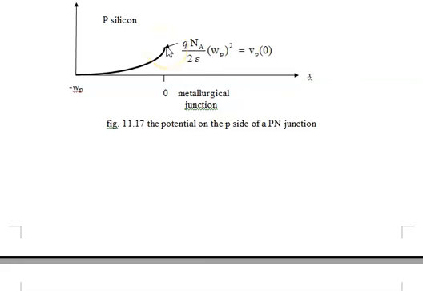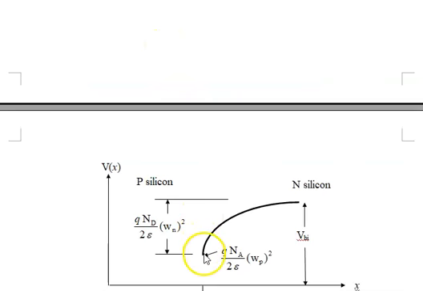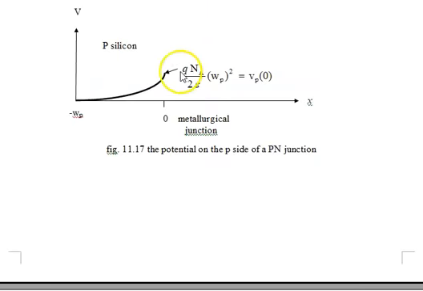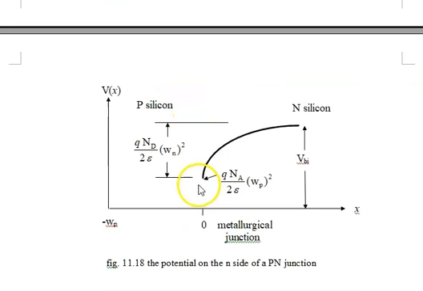That's where it starts. So this point right here is this point, as explicitly shown in the diagram. And the total voltage is equal to VBI, which in volts is equal to the band bending if we use electron volts or joules.